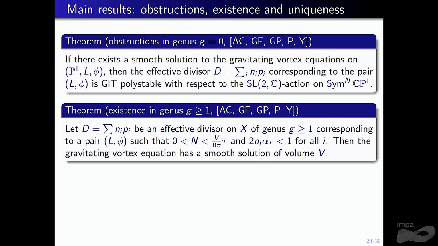But since we now have a new method, we can go beyond and prove also some uniqueness and existence results. This is completely new in this theory of Einstein-Bogomolny equations. In the case of genus greater than or equal to 1, we can prove existence under some assumptions.